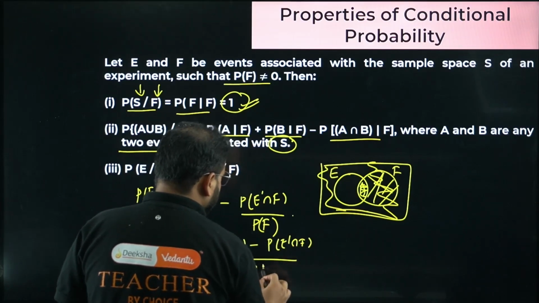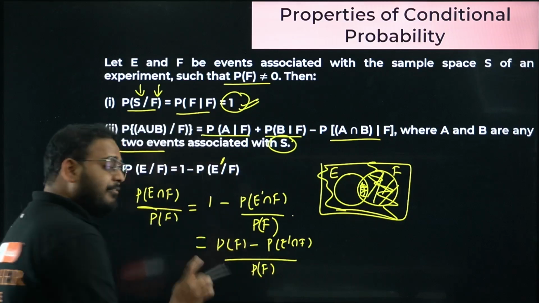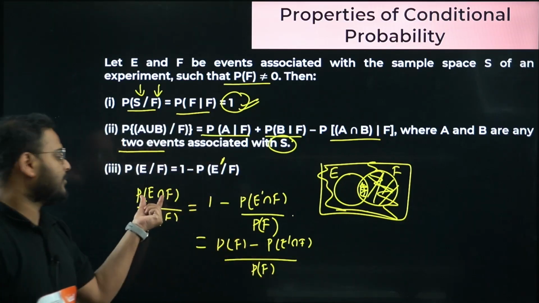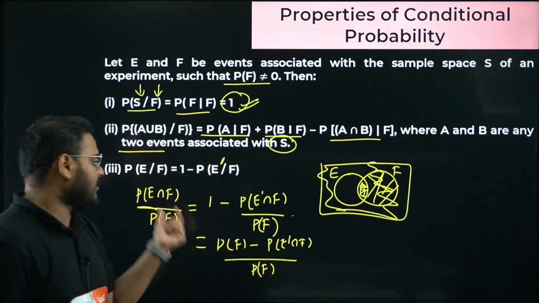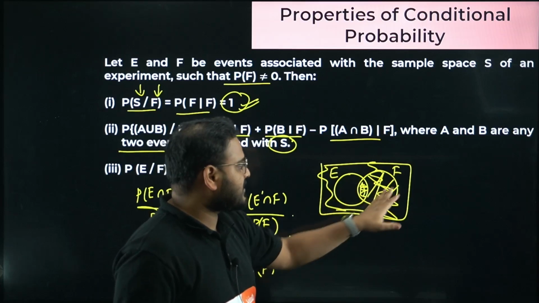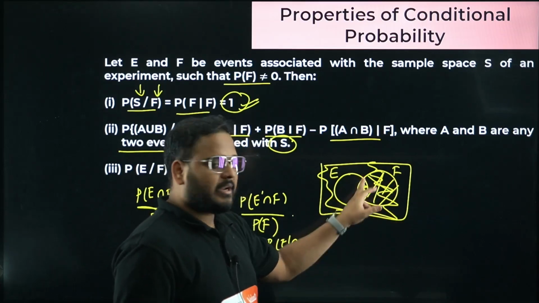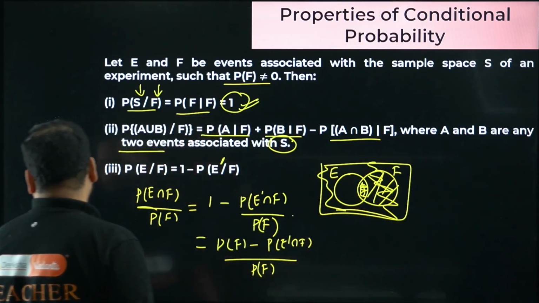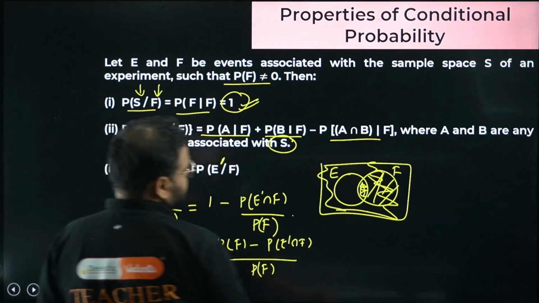If you check carefully, this numerator will simplify to this numerator. Have a look. From the total P(F), if you subtract this part, what will happen? You're going to get this only, right? Don't worry, it looks messy.